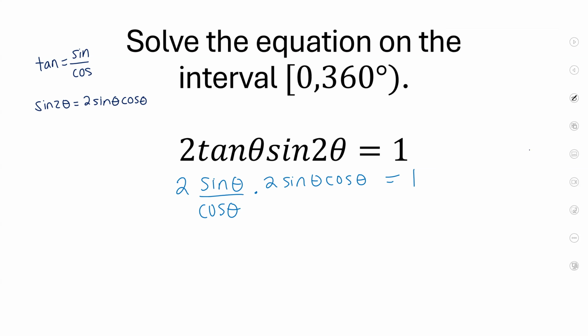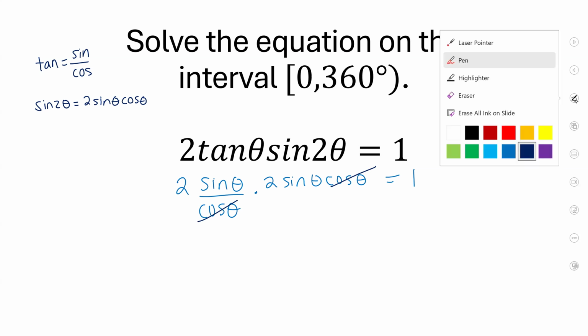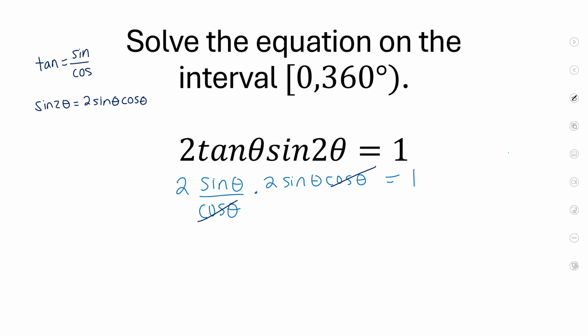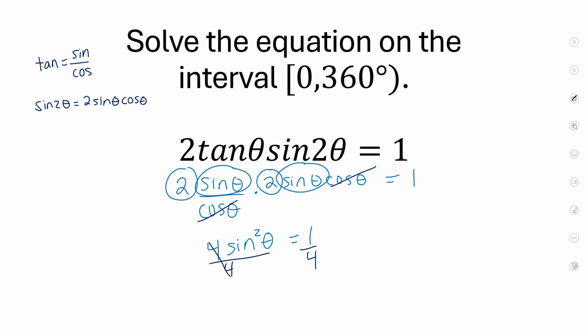Now, great, things are going to cancel out. Cosine cancels out with cosine. What I am left with, 2 times 2 is 4. Sine times sine is sine squared theta equals 1. Let's continue solving. I'm going to divide by 4 on both sides.